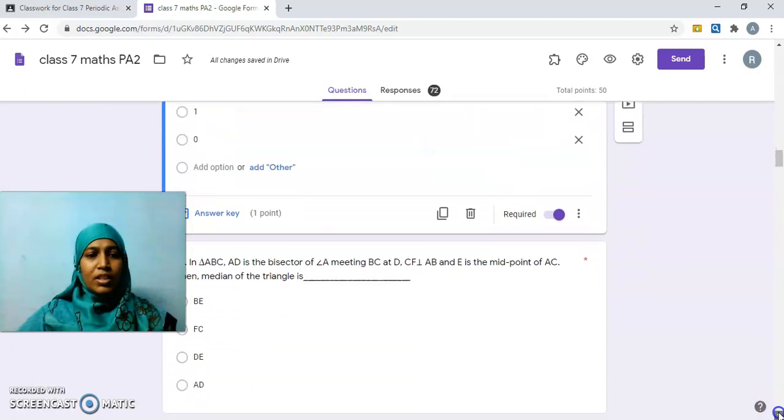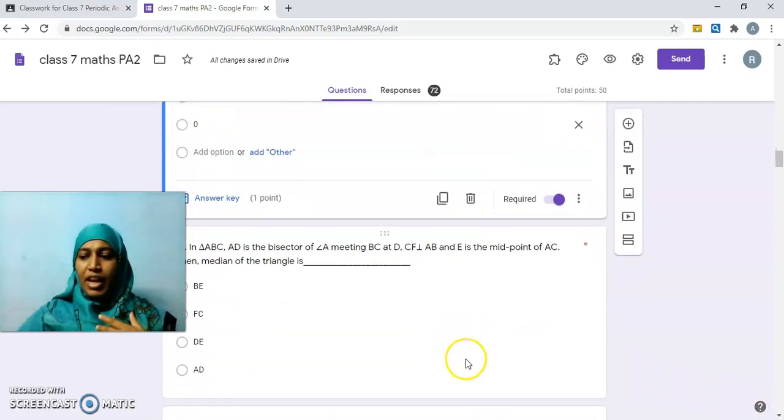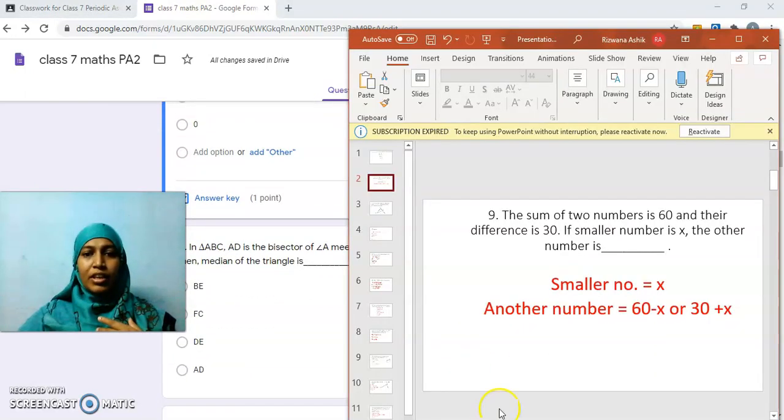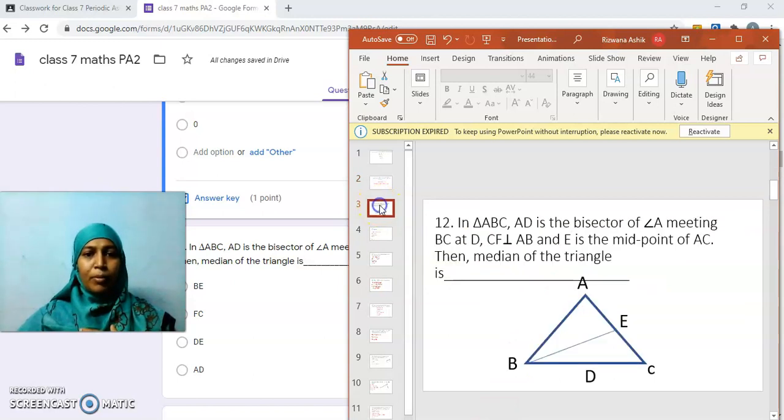The next question is, in triangle, let me have it in PPT. In triangle ABC, AD is the bisector of angle A. First, let me read the question completely. No need to worry about all the things. We are going to consider only one thing in this question.